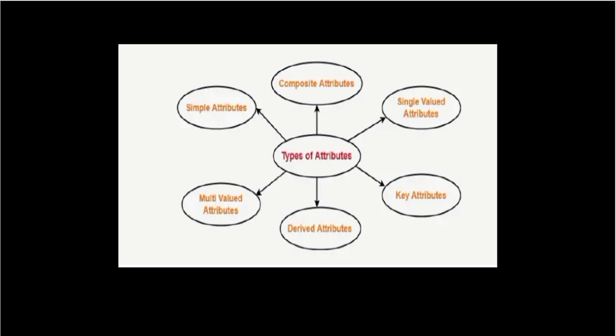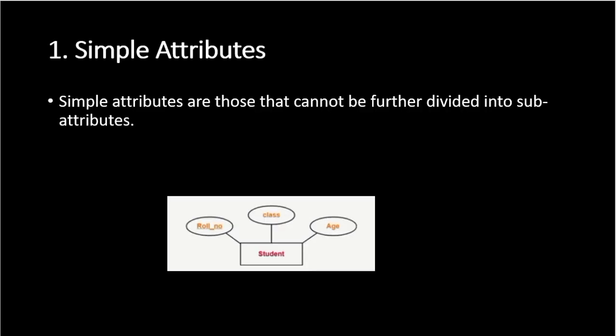Let us go with the first one, the simple attribute. Simple attributes are those that cannot be further divided into sub attributes. You can't divide them into any further classification.